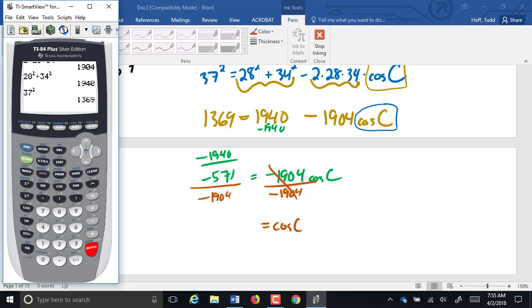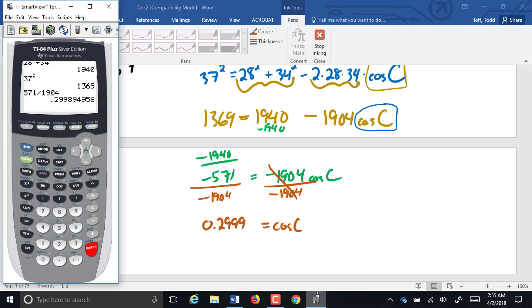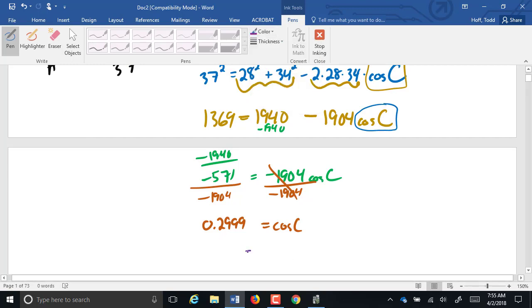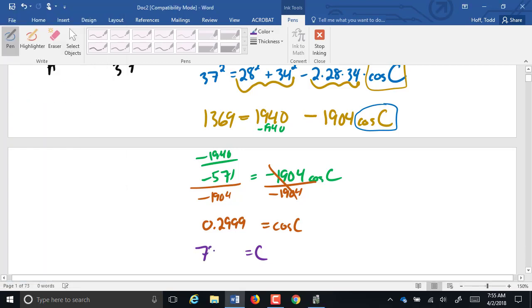Cosine C equals 571 divided by 1904. Notice I left the negatives off because the negative divided by negative equals a positive. That's 0.2999. And that's just an inverse cosine, at 72.55 degrees.